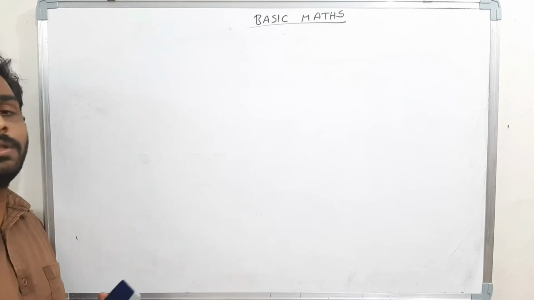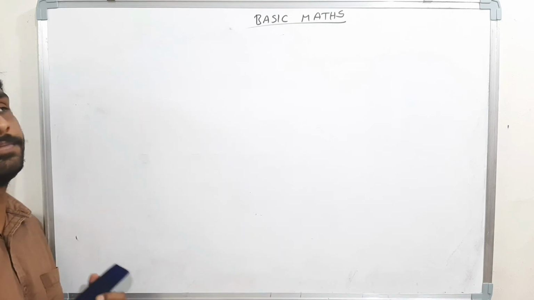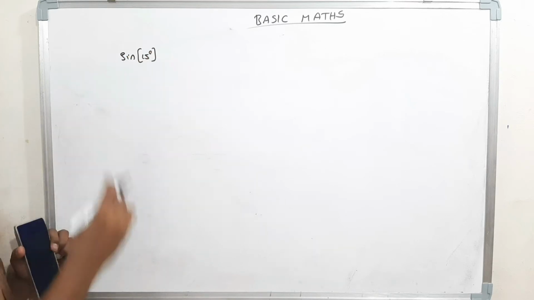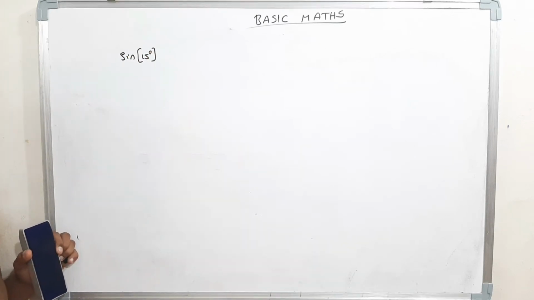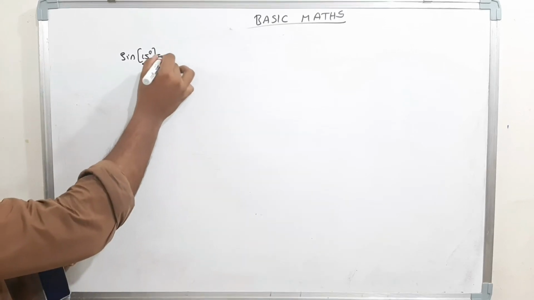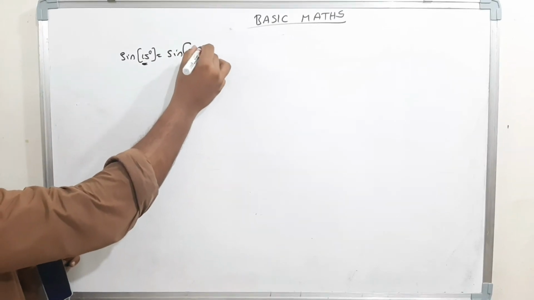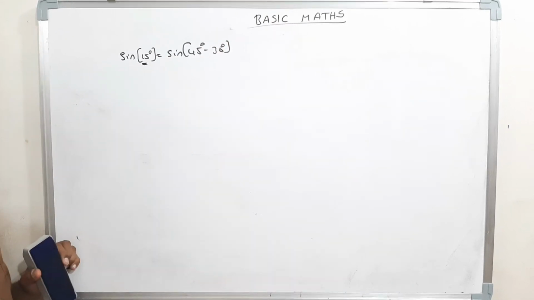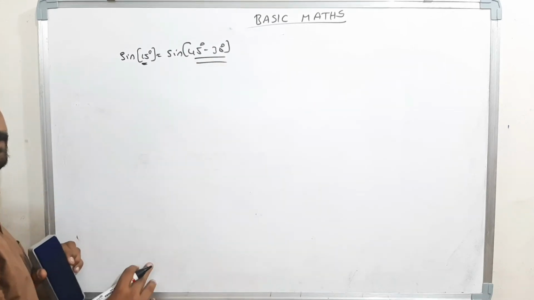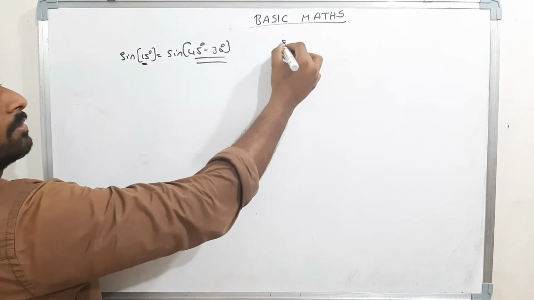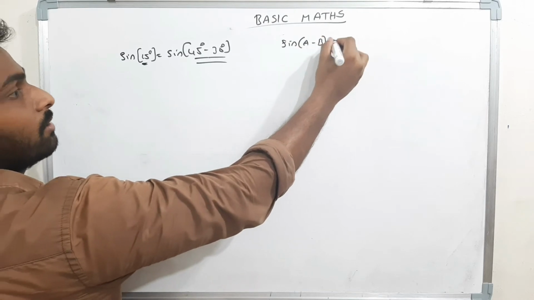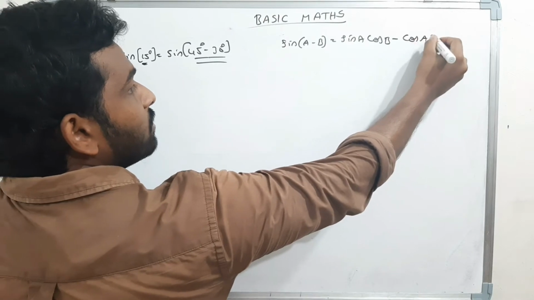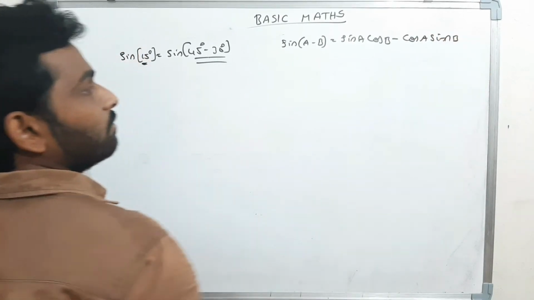I think till now we have seen the formulas. Now we will see some examples. Sin 15 degrees. How can I find the value of sin 15 degrees? I don't know the value of sin 15. I can write this one as sin of 45 minus 30 degrees. Can I write like this? 45 minus 30 is nothing but 15 degrees, which is in the form of sin A minus B. What is the formula? Sin A minus B formula: sin A cos B minus cos A sin B. Use that formula here.